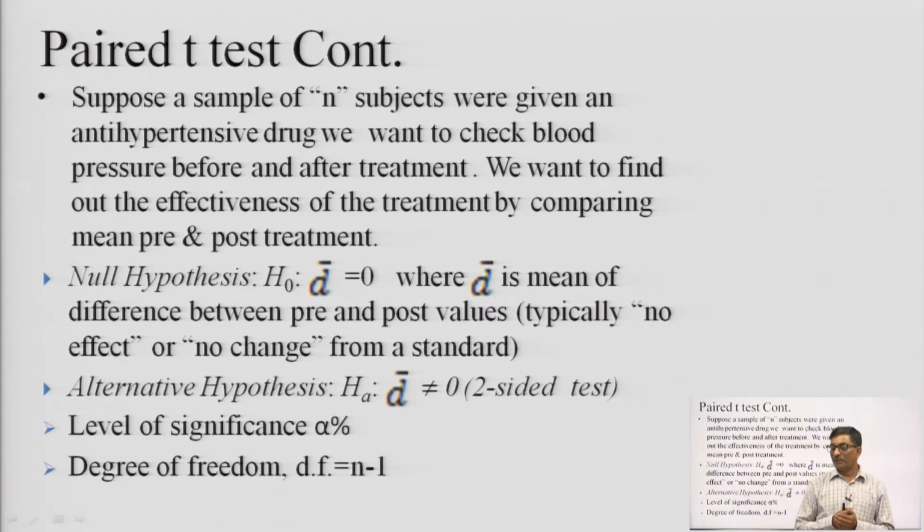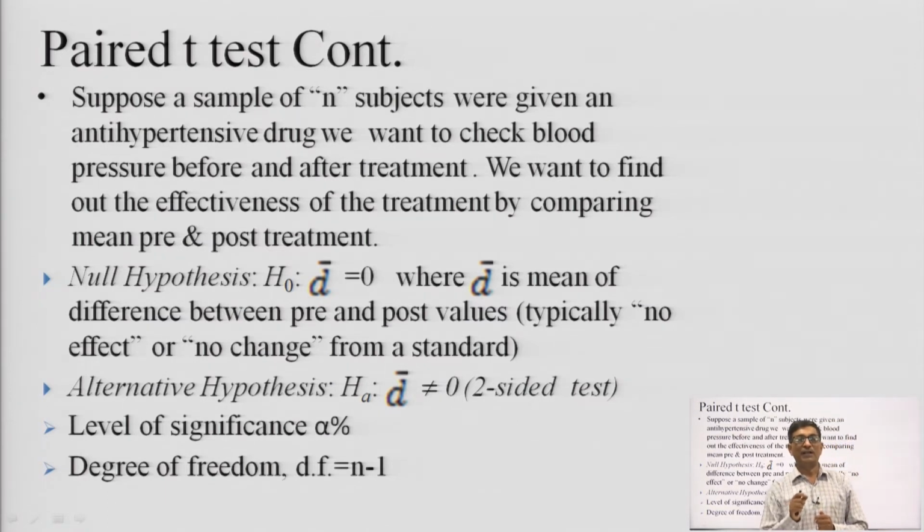That means we want to compare the mean of pre-treatment and the mean of post-treatment. As we know, in the null hypothesis we consider that there is no difference between the two means. So, the mean of pre and the mean of post are equal.